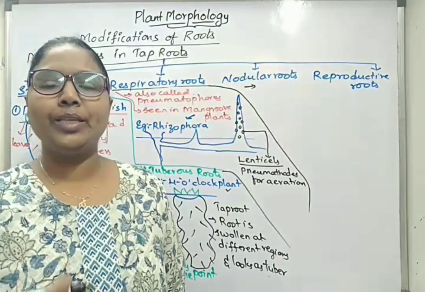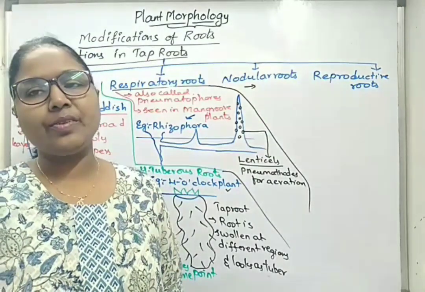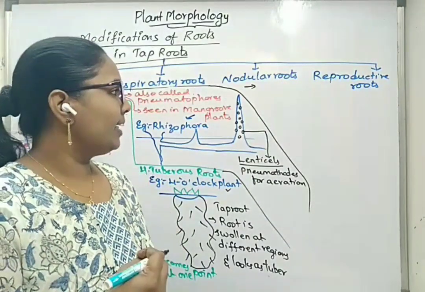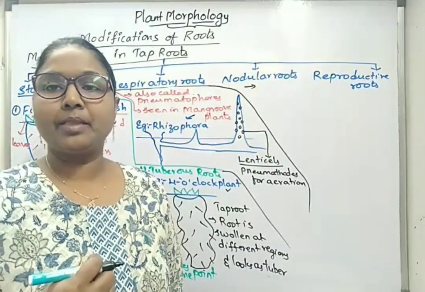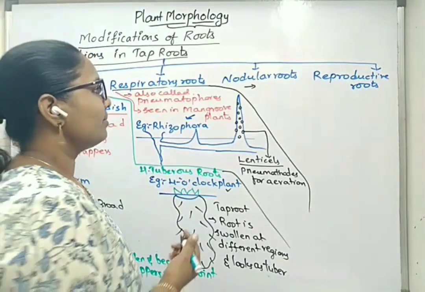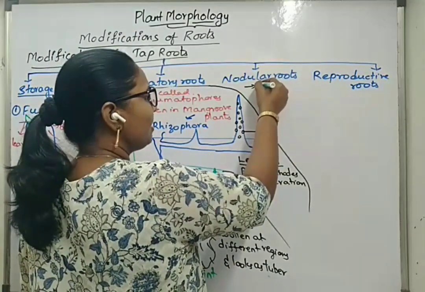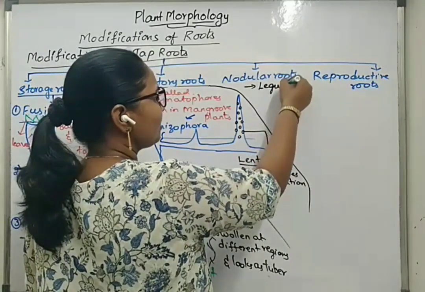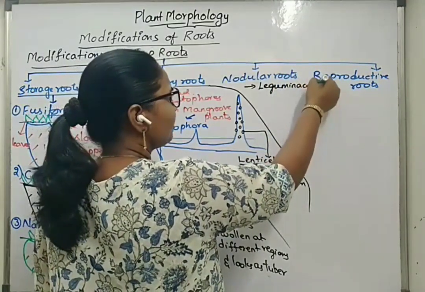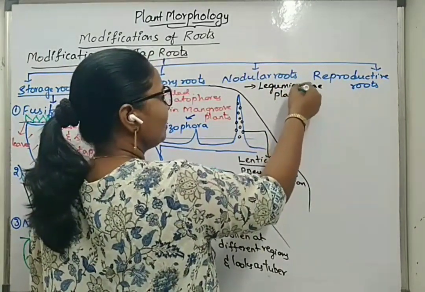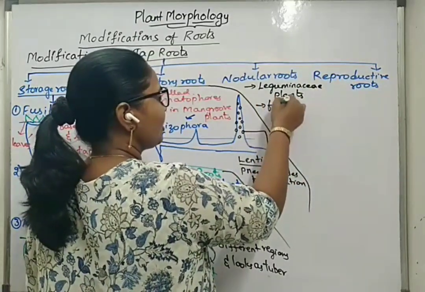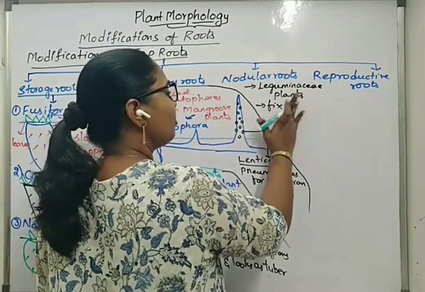Example will be Leguminosae family members or Fabaceae family members. Here we can take best example like groundnut, Bengal gram, etc. So nodular roots examples are Leguminosae plants. They fix nitrogen. You get atmospheric nitrogen.